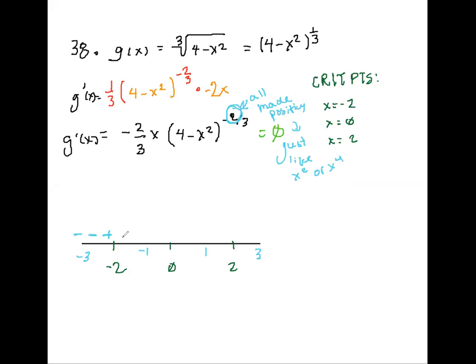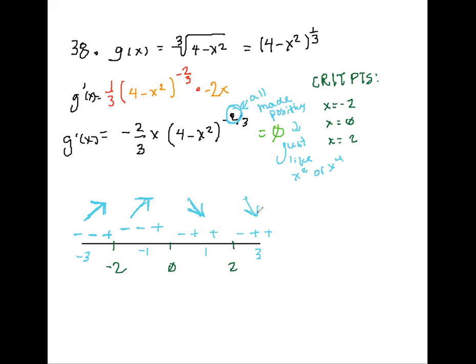For -1, this is going to be negative times a negative times a positive, which is positive. Here we have -1, so it's going to be negative times positive, so it's going to be positive. Here we'll have a negative times positive times positive. It's going to be negative. Here we'll have a negative times positive times positive.